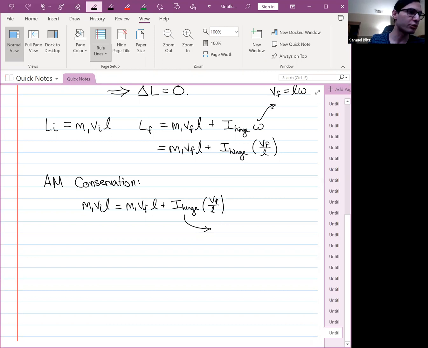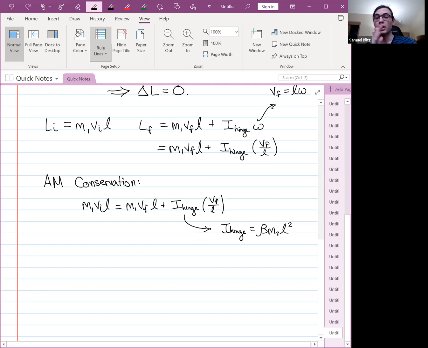In general, I hinge is beta times m2 L squared. Depending on how the mass is distributed throughout the rod, this will affect the number beta. Beta is just a number here. For a uniform rod, beta is 1/3. For a quadratically varying rod, it would be some different number, but it's just a number.